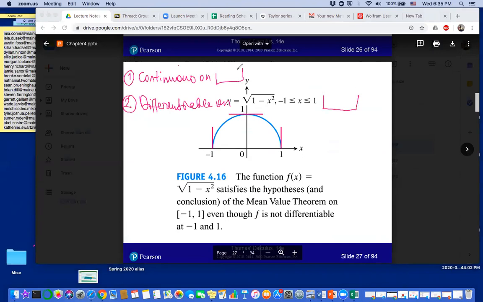So it's continuous on some interval, it's differentiable on a different interval, and the last question is, is f of -1 equal to f of 1? So I want to see what is my interval AB.